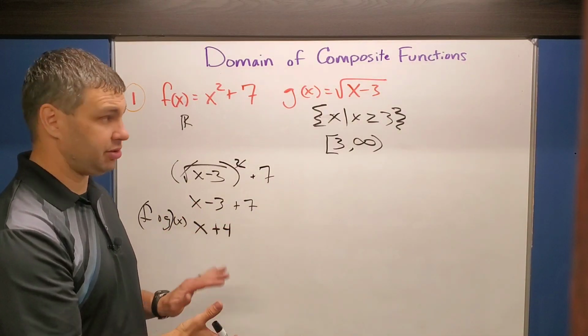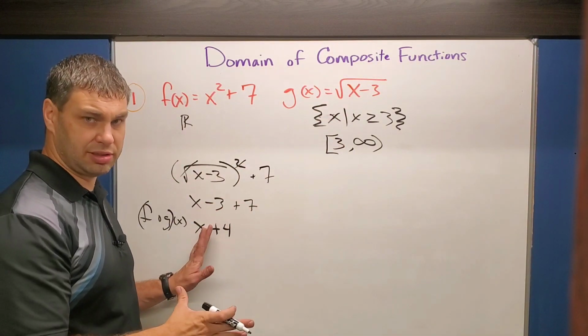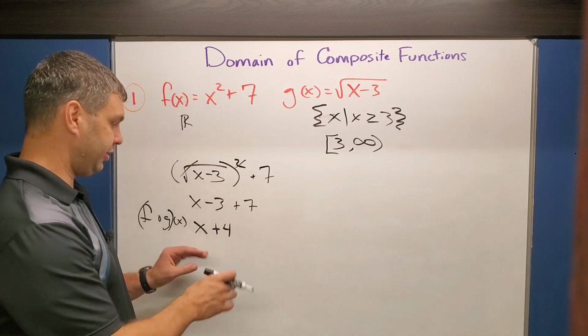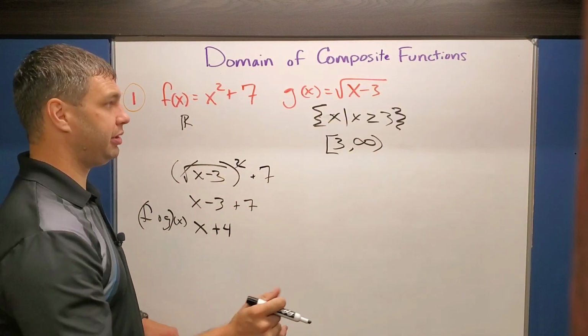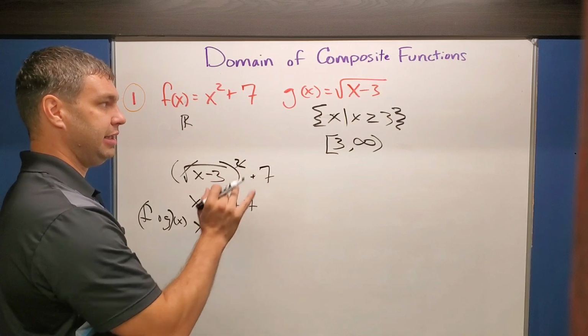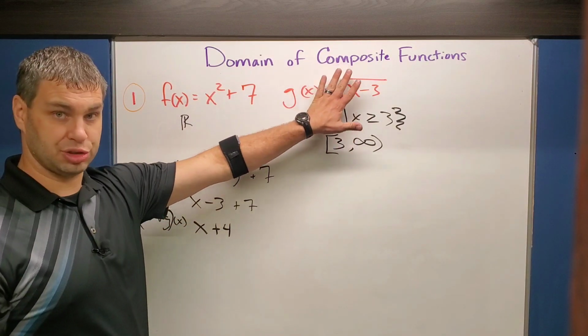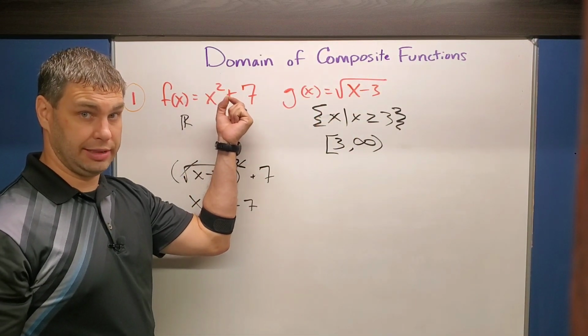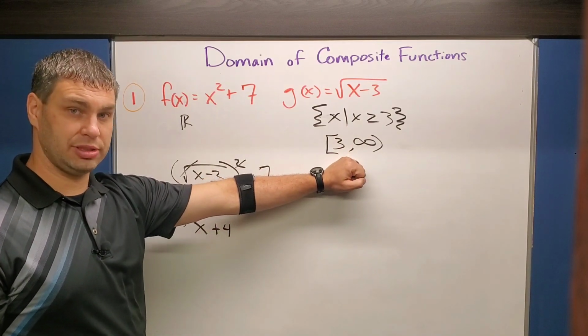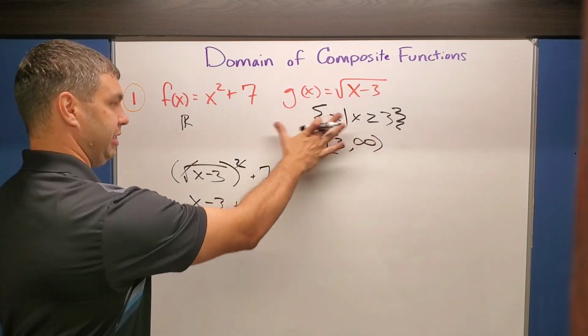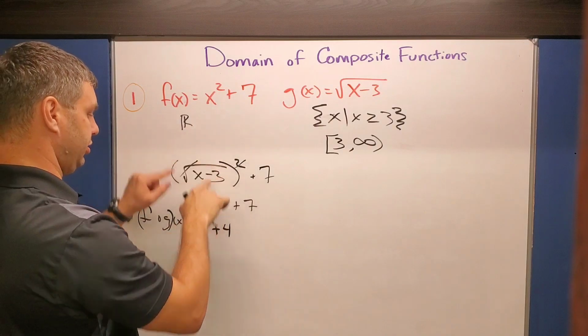We're not dividing, and there are no square roots, so it looks like there's no restriction if I were just to find the domain of this composition by itself. But you have to remember, what did we input to get that? We inputted our g function into the f. By inputting that into our f function, this is going to be part of that restriction, and that's going to be the only restriction, as both of these were all real numbers.